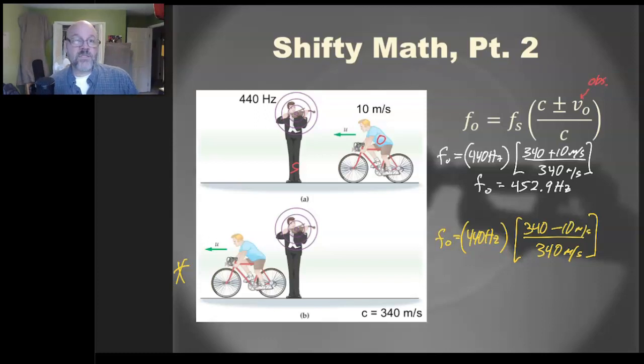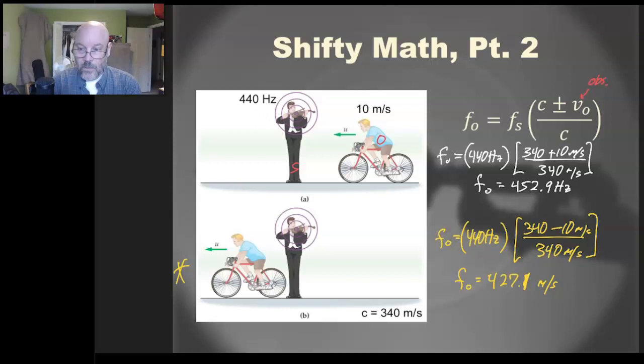That gets us a ratio less than 1, which is going to drop our frequency. And once we do that, we can see our observer is going to hear 427.1.